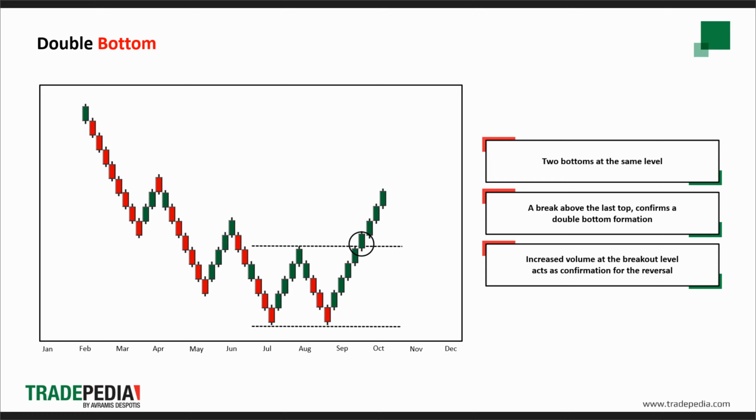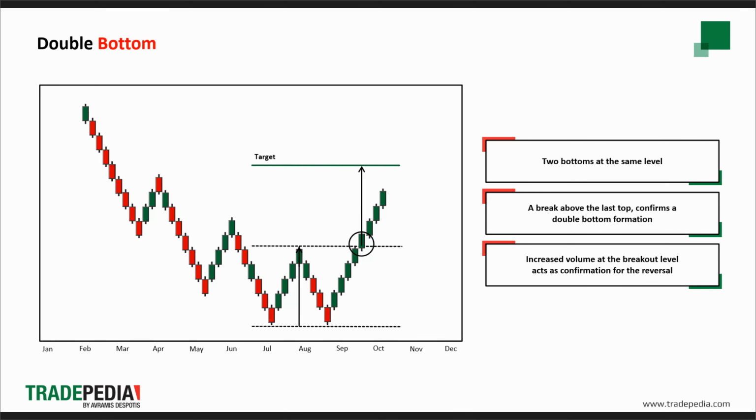For stocks, again, increased volume at the breakout level acts as a confirmation for the reversal. The take profit target is the same. You take the distance from the low to the peak of the double bottom pattern, and then you project it one time from the point of breakout, and you should get the take profit target.